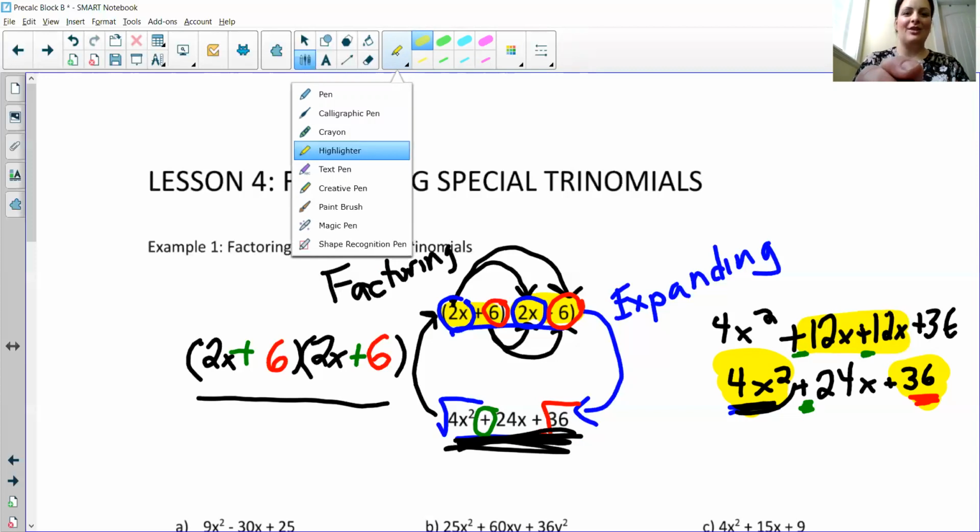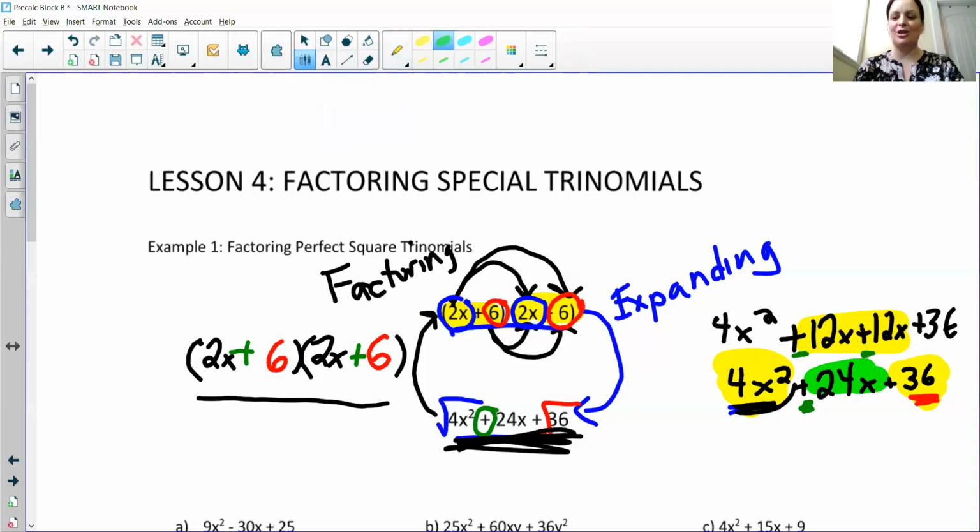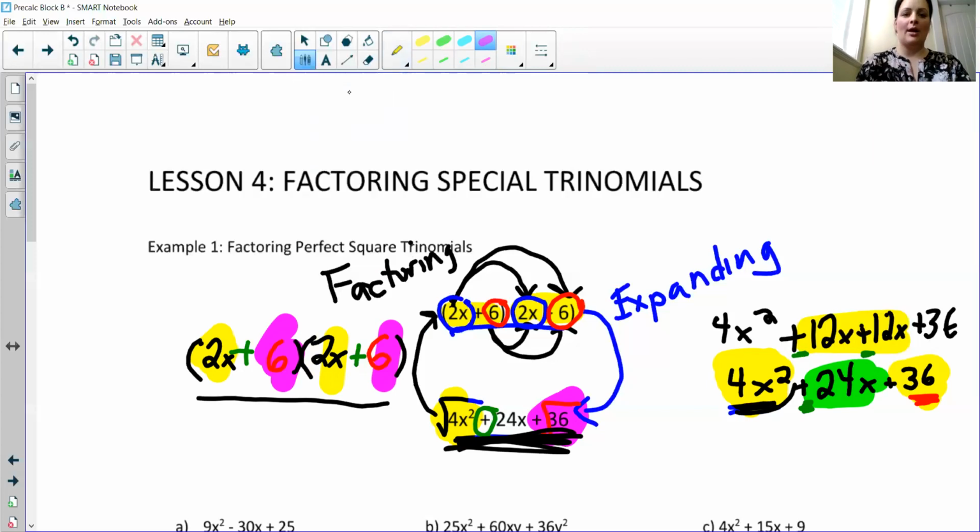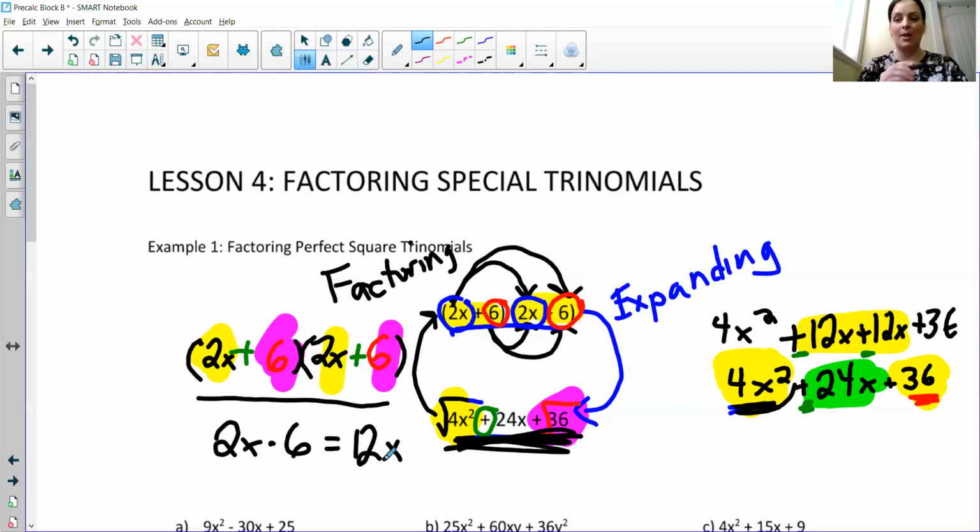All right, so the thing that is the extra check is this middle term, okay? So if we take the square root of this first term, 4x squared, which we did, we got 2x, right? And when we took the square root of this last term, we got 6. To double check that this is a perfect square, we have to go 2x times 6, which is 12x, and we have to multiply it by 2.